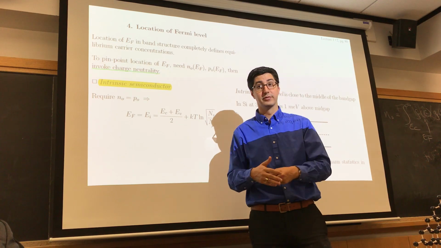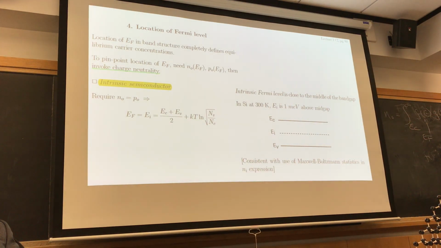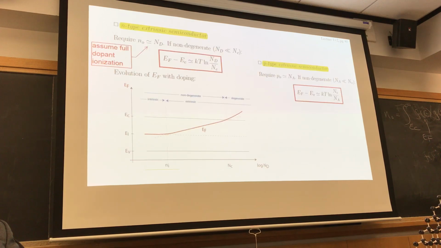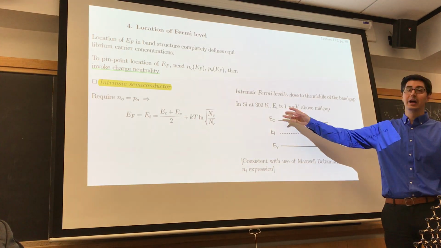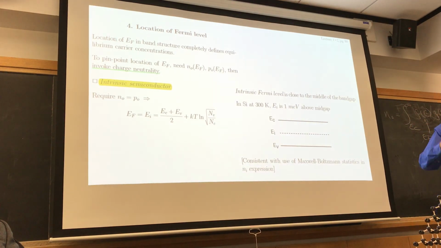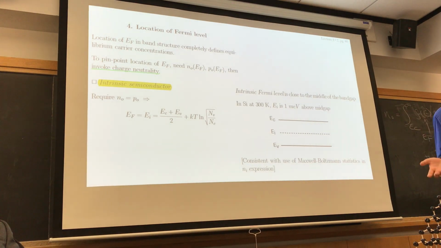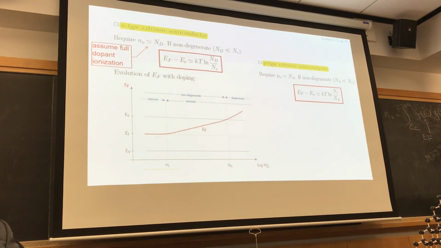All the energy is relative. Okay? So in silicon, because the densities of states are so similar, E_I is 1 milli-electron volt above mid gap. Okay, for our purposes, it's at mid gap. So it's just at E_G divided by 2.